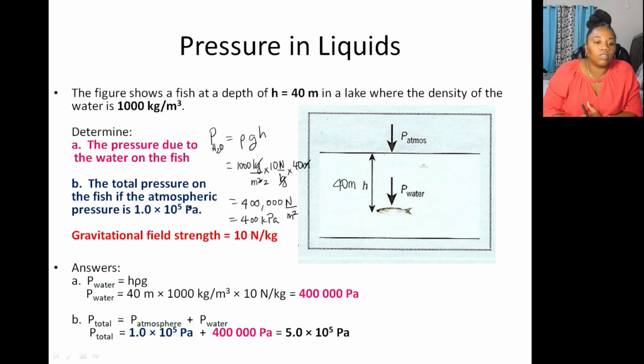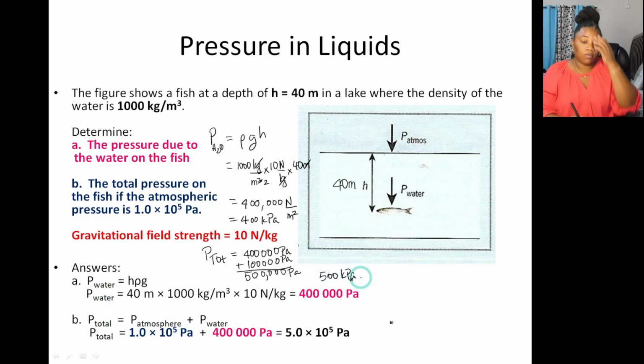So all we have to do is say total pressure, P total, will be equal to 400,000 pascals plus 100,000 pascals, and that will give us 500,000 pascals, which is actually 500 kilopascals, right?